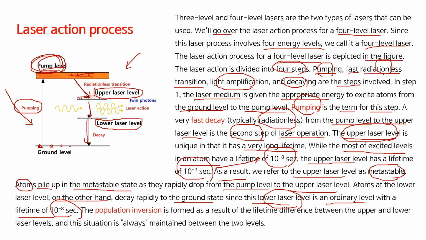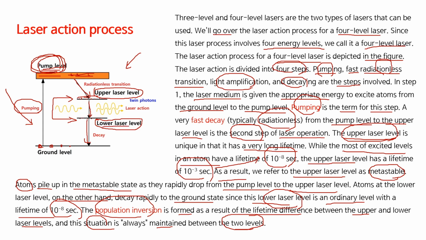Therefore, the population inversion is formed as a result of the lifetime difference between the upper and lower laser levels, and this situation is always maintained between these two energy levels. So the population inversion between the upper laser level and lower laser level is maintained always.